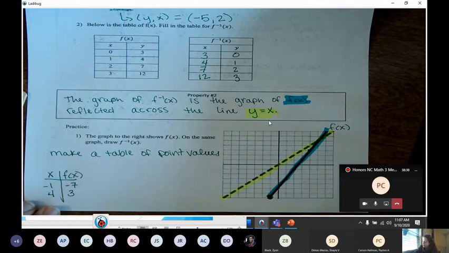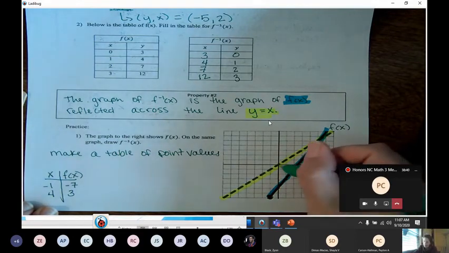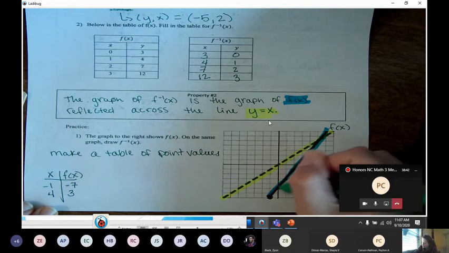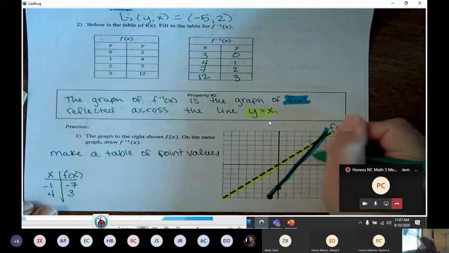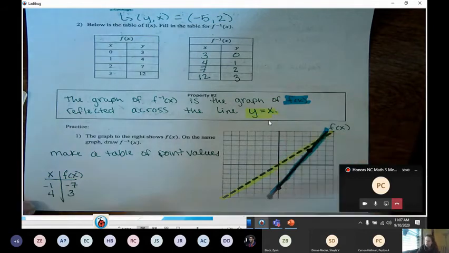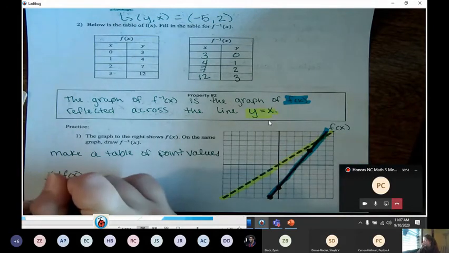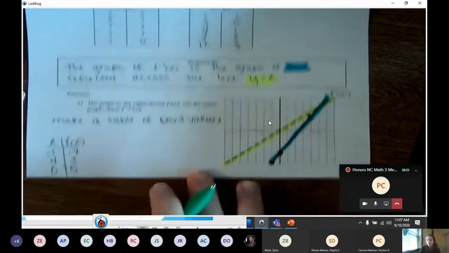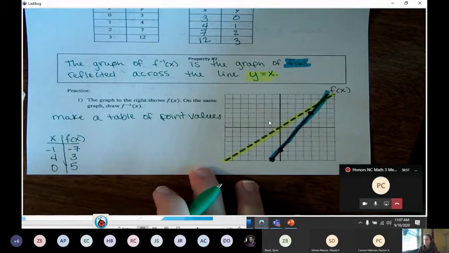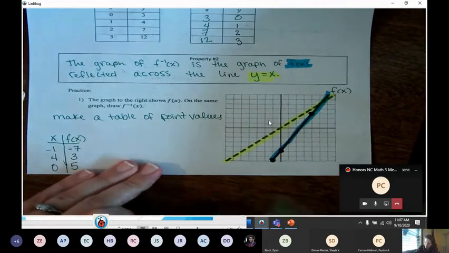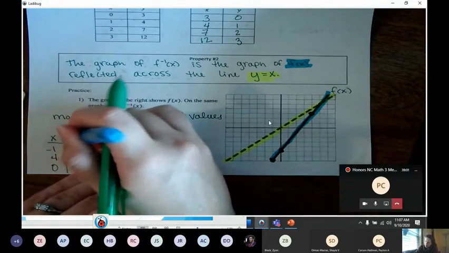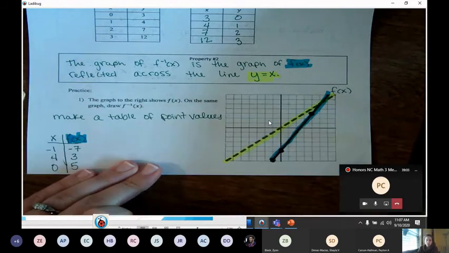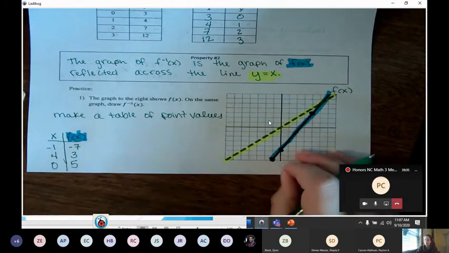And the point 0, negative 5. Oh, I forgot to label 4, 3. Sorry. Those were just the ones most obvious to me. You could pick totally different ones and that would be fine. But these are points that happen to be on my line f of x, that blue line.